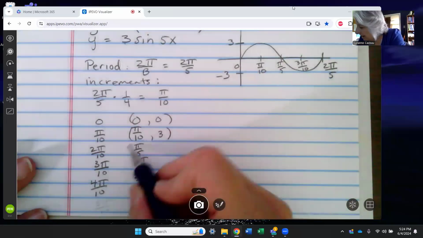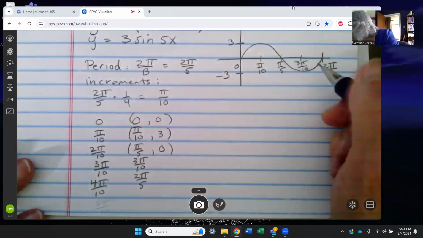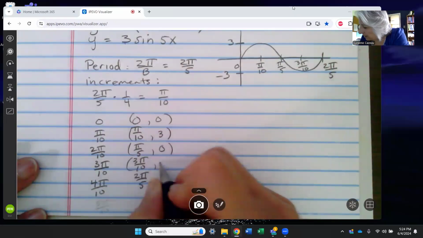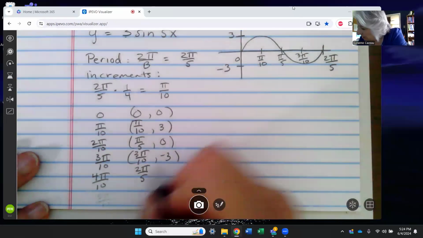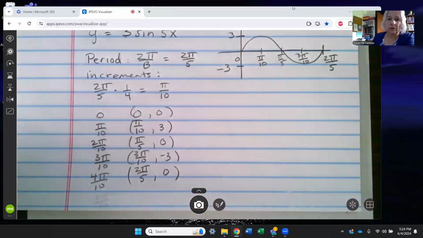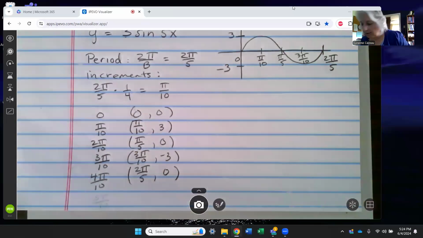At pi over 5, you're at 0. And then at 3 pi over 10, we're at -3. And then at 2 pi over 5, we're back up to 0. So those are your quarter points. Did we answer all the questions?